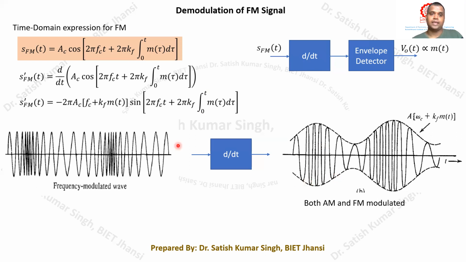It is frequency modulated because the frequency changes with the magnitude of the message signal, and its amplitude also changes with the magnitude of the message signal, because of the factor f_c plus k_f m(t). If you talk about the magnitude only, the envelope will be 2π A_c (f_c plus k_f m(t)). Please do not look at this particular equation; here it is omega_c plus k_f m(t).